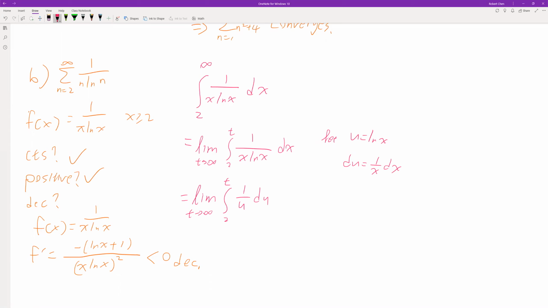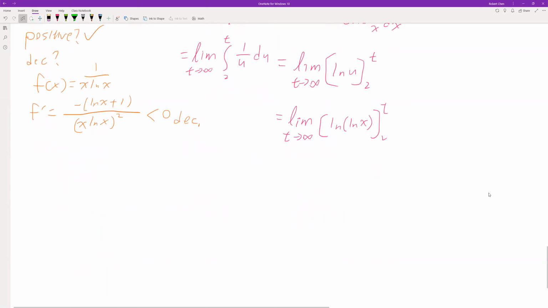The 1 over x dx is the whole thing du, and 1 over ln x is 1 over u. And that gives us ln of u. And then we're taking x from 2 to t, so to evaluate from 2 to t, we have to convert back from u to x. So I'll get ln of x going from 2 to t.